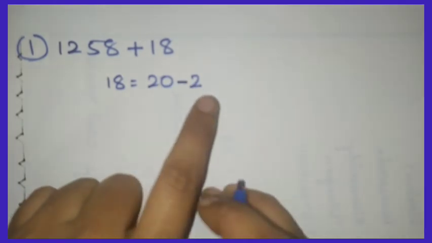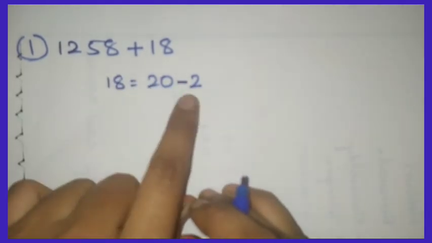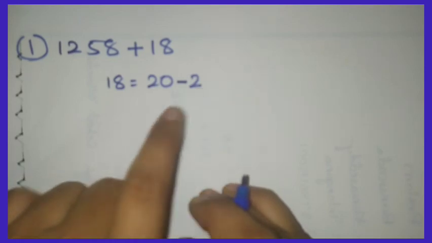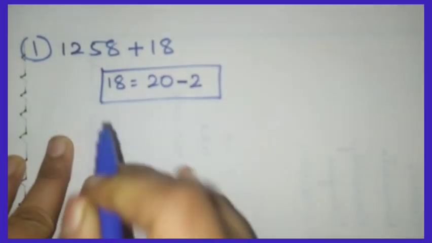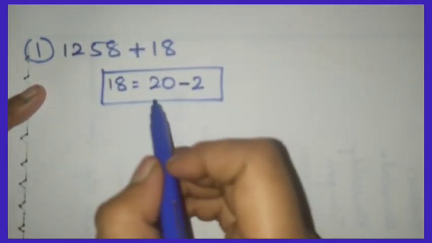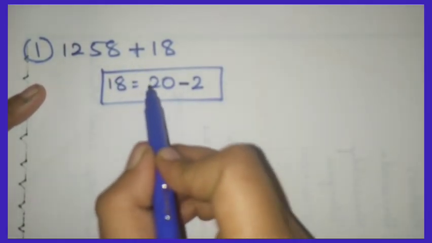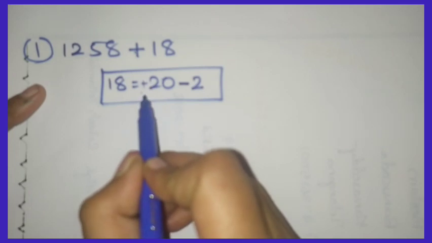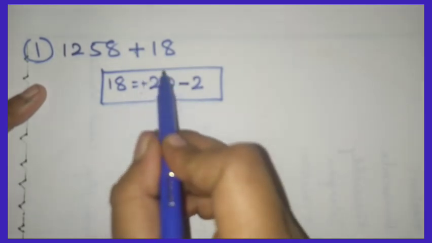From 20, how much do we have to subtract to get 18? 2. So we subtracted 2. This is important. Now for addition we will directly do this. Any symbol not there means addition, so we'll directly do whatever symbol is there.